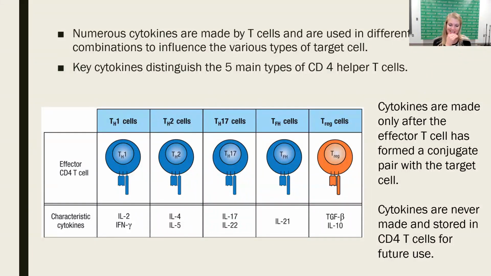And there are cytokines that are distinguished along or attached to these different cell types. Sometimes they are the cytokines that drive their production, but they could also be the cytokines that are produced from them. So when we think about T helper 1, we should start to think about inflammation, or pro-inflammatory.